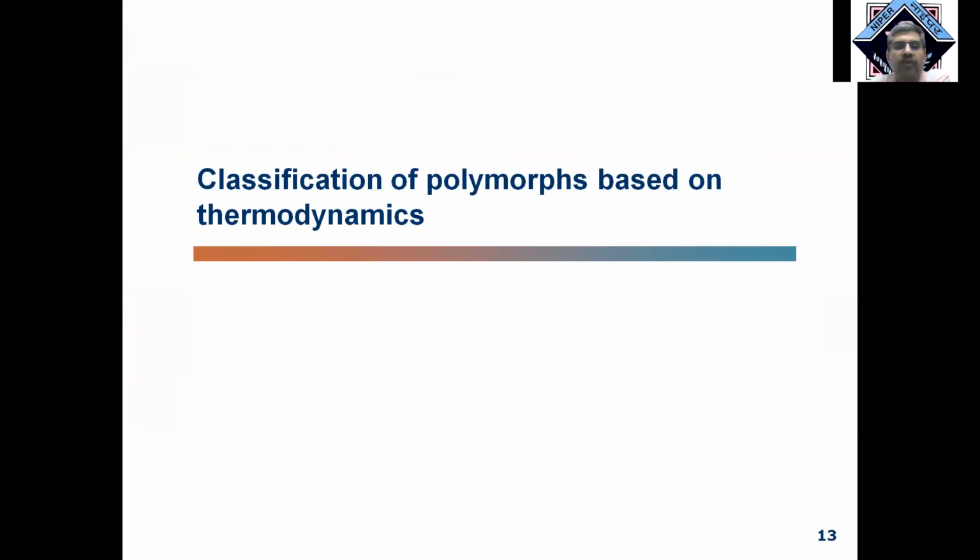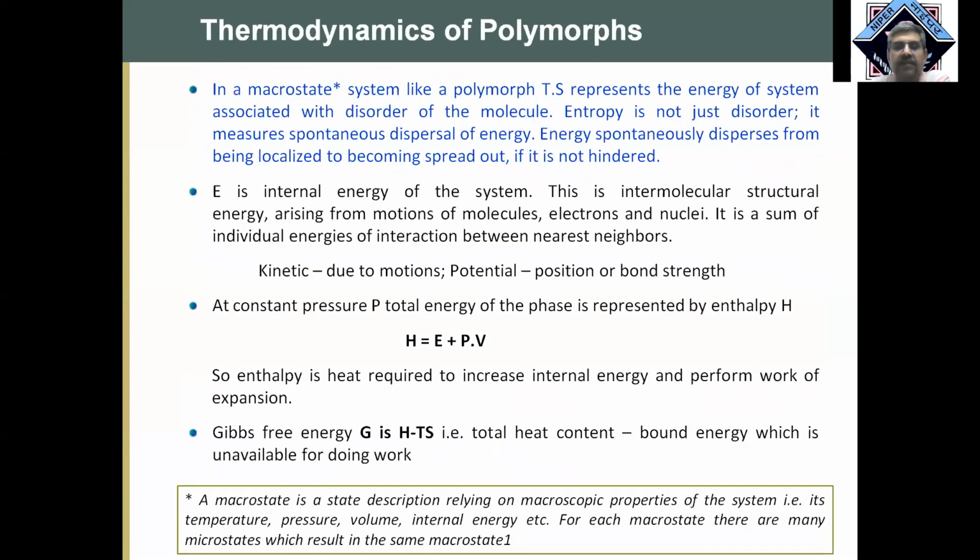Now we move over to the classification of polymorphs based on thermodynamics. We will first look at certain concepts involving thermodynamics of the polymorphs. In a macrostate like a polymorph, T multiplied by S represents the energy of the system associated with disorder of the molecule.